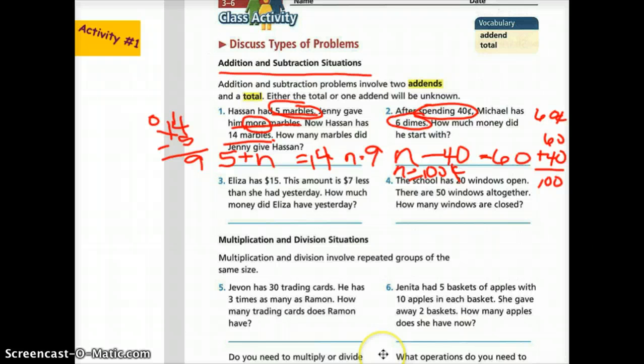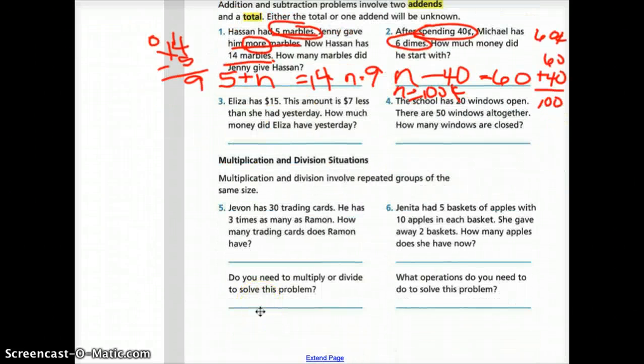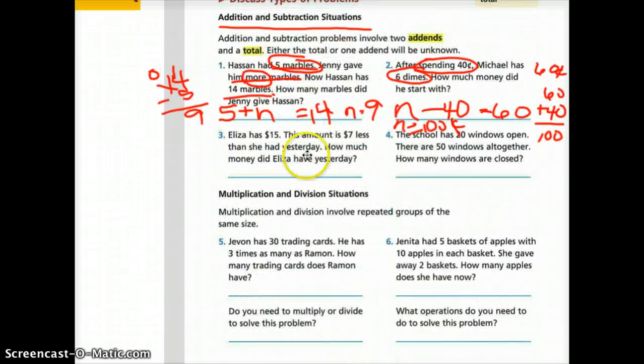Then we're going to move down to look at questions 5 and 6, which are multiplication, and they are repeated groups of the same size. Javon has 30 trading cards. He has 3 times as many as Raymond.